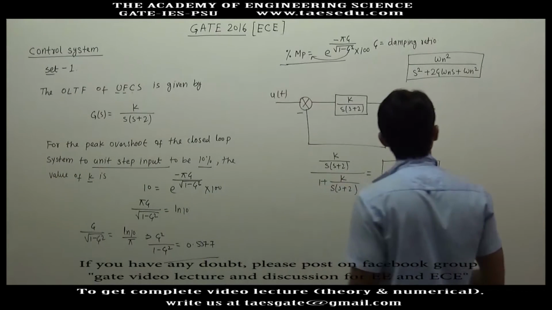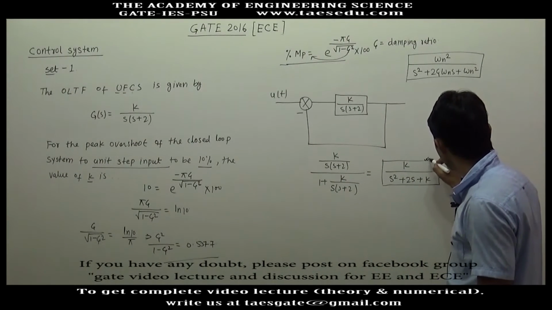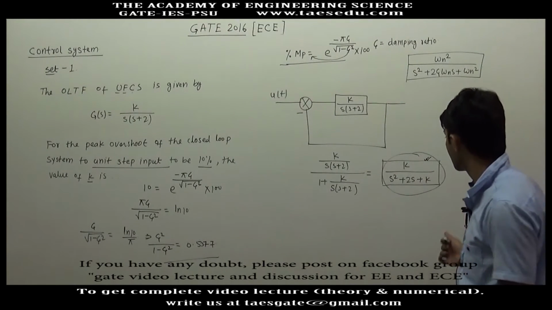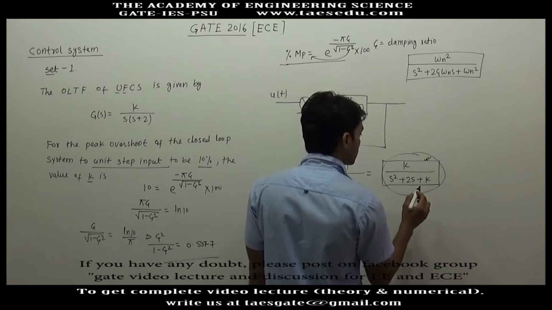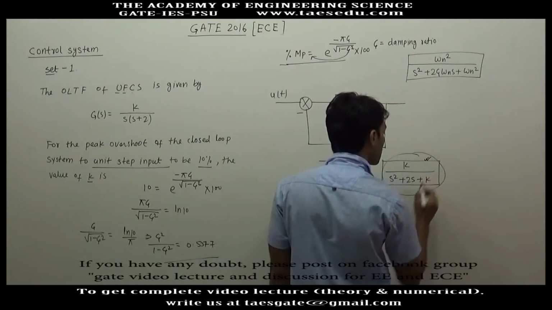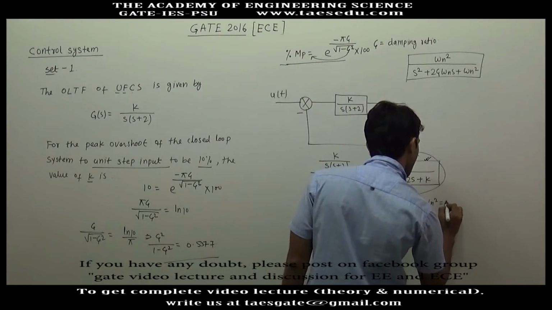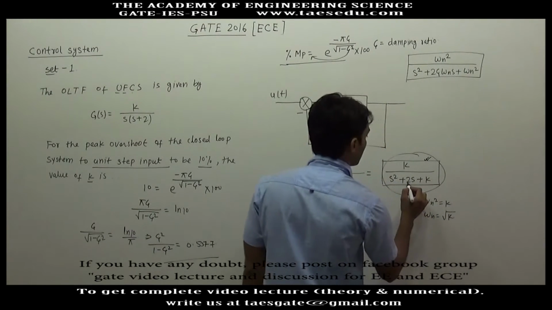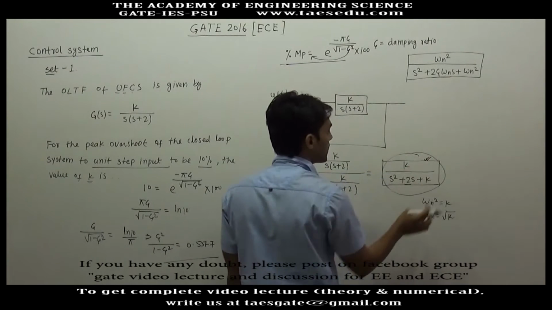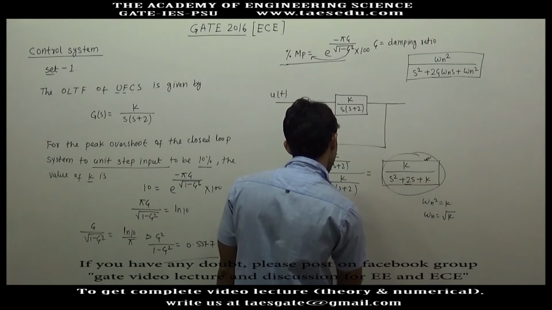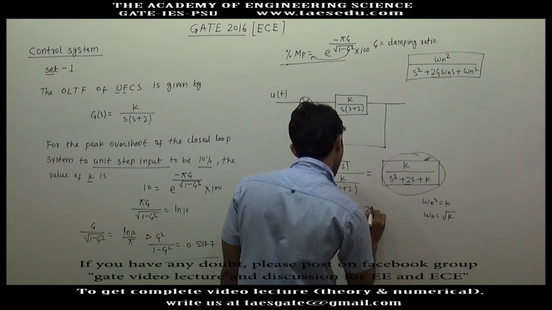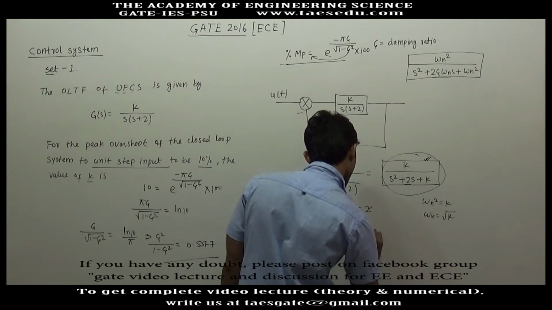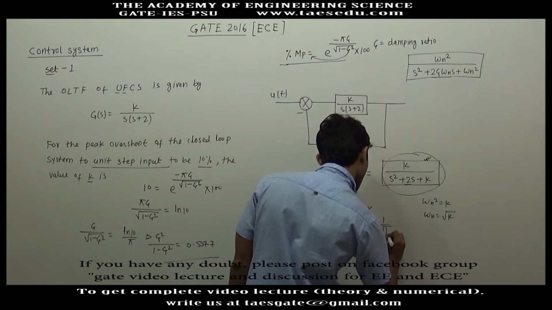Now if we compare, for this system we will find the value of zeta in terms of k. We have omega n square equal to k, so omega n equal to root k, and 2 zeta omega n is equal to 2, so zeta equal to 1 upon omega n, that is 1 upon root k.